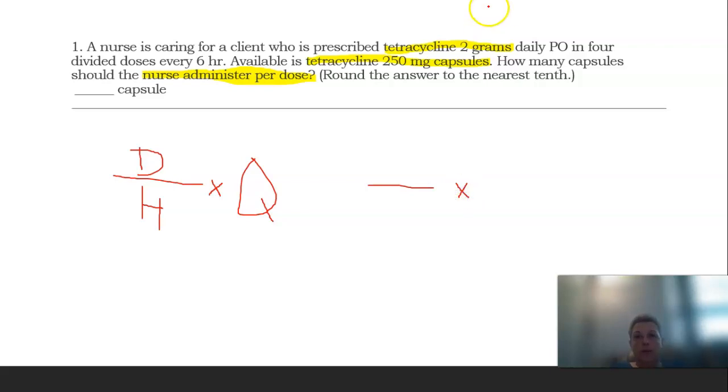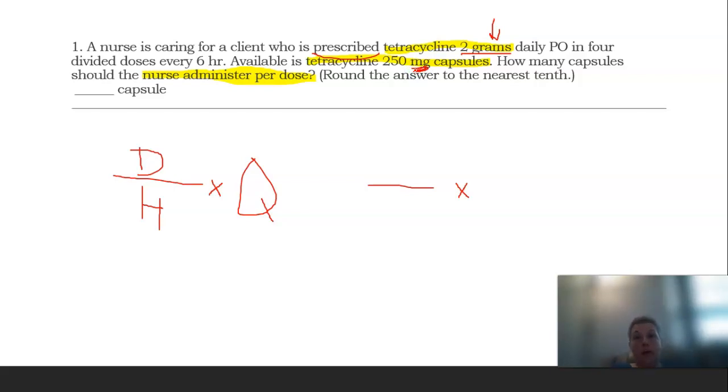I go back up to my problem. And what did the doctor order? 2 grams. My concern is I've got grams here and milligrams here. One way or the other, I've got to change it.